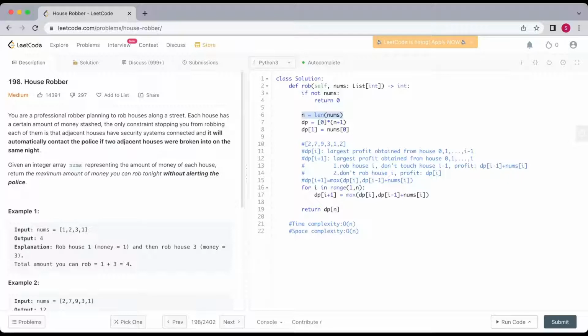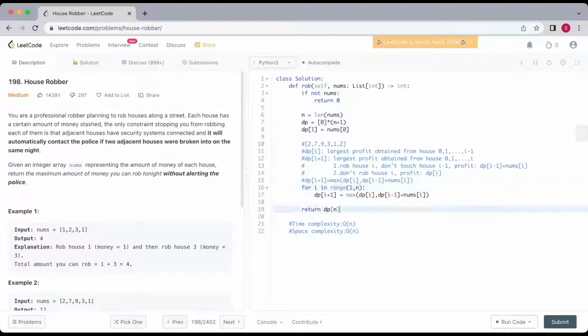And dp[1] will only include house 0 here, so we will assign nums[0] to dp[1]. And from dp[2], we will have this common pattern. So our for loop will start from 1 to n minus 1. And we need to return dp[n].